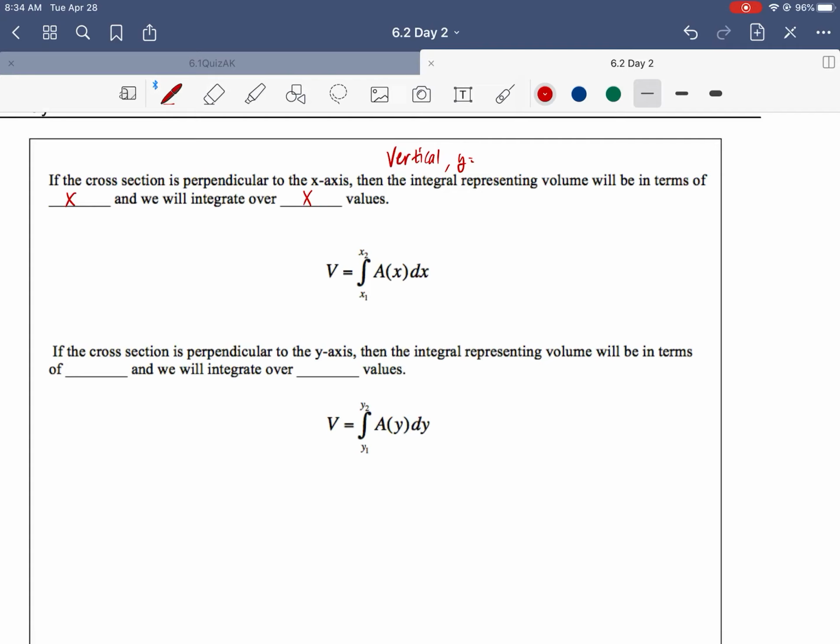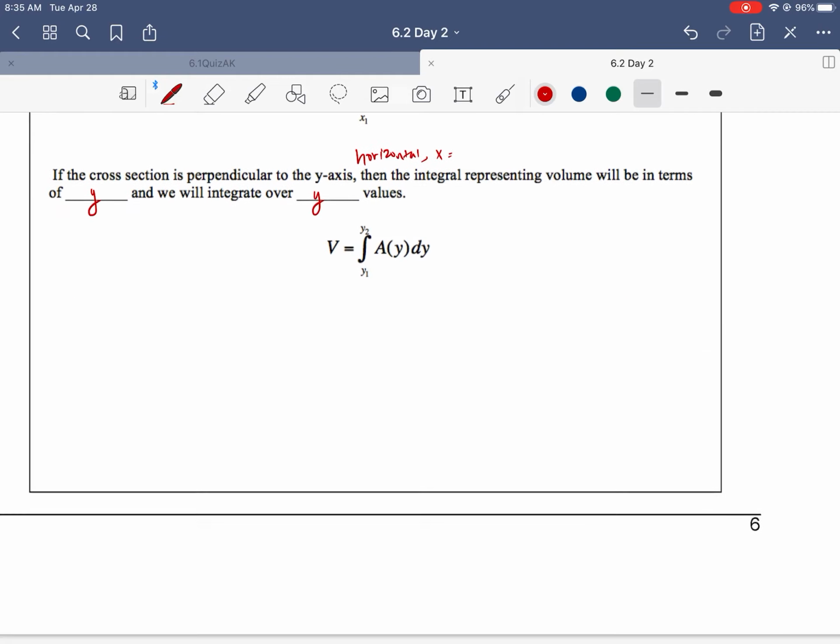If the cross-section is perpendicular to y, or parallel to x, or horizontal slices, that is x equals, then the integral representing volume will be in terms of y, and we will integrate over y values. So the direction of the slice of the cross-section is very, very important here.